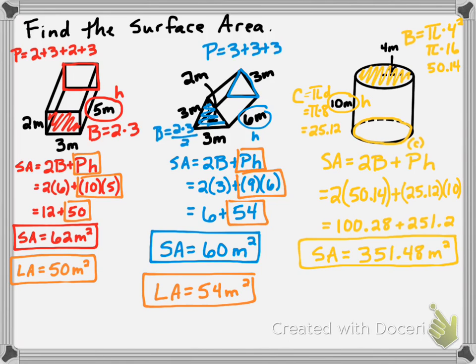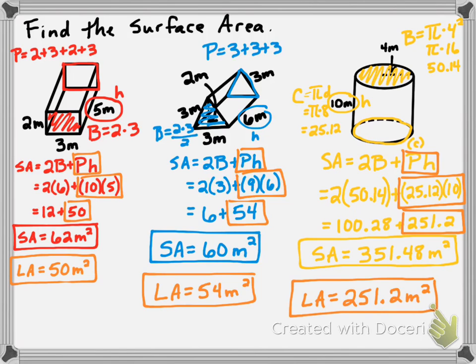And then the same thing for the cylinder. That's our lateral area, so it's already written down over here. So the lateral area is 251.2 meters squared. So see, lateral area is easy if you understand surface area.